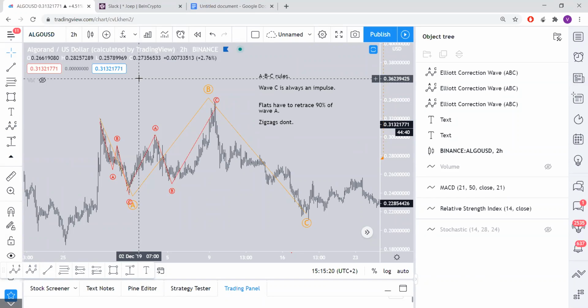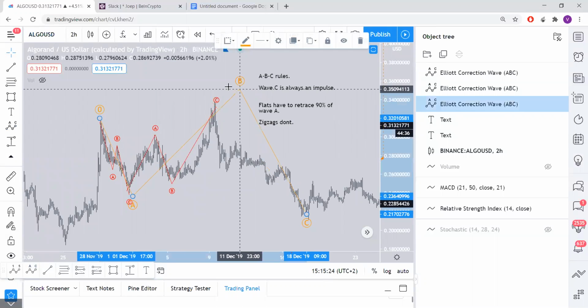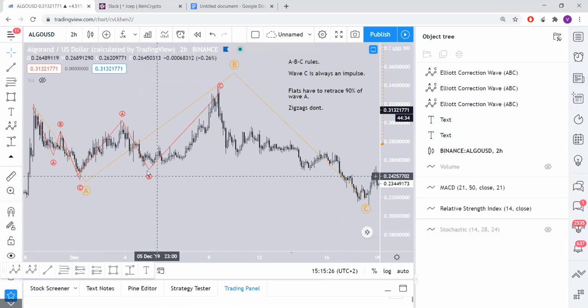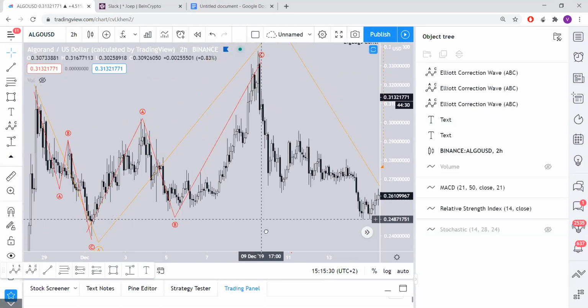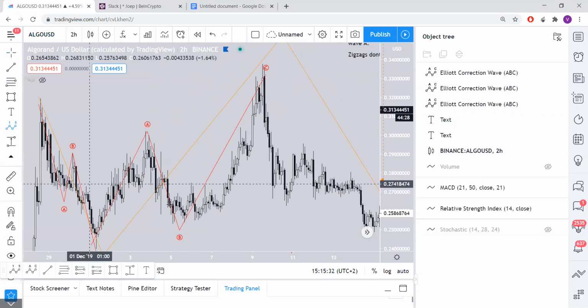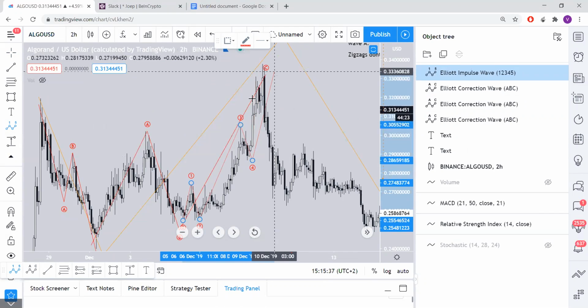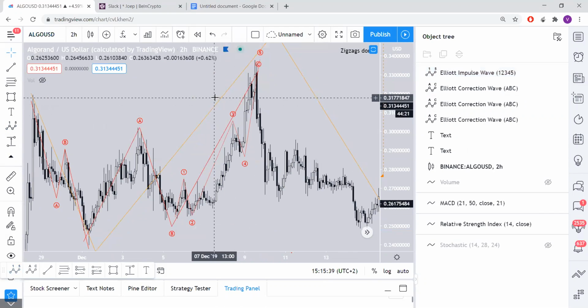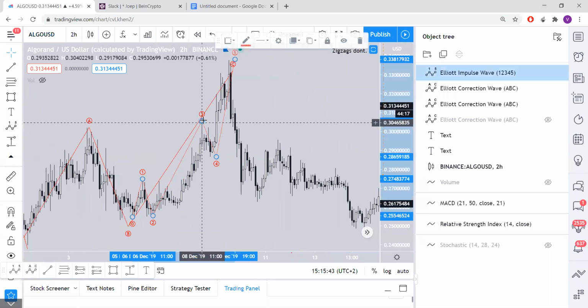of ABC corrections. So once we do a more advanced Elliott wave webinar, even this C wave has to be created by an impulse, so like this. Now, in this case, this is probably not the correct count.